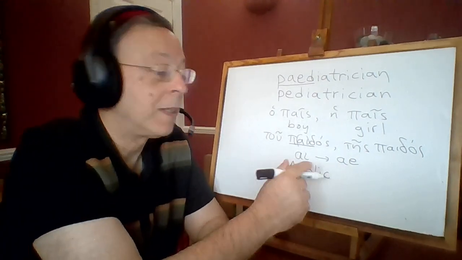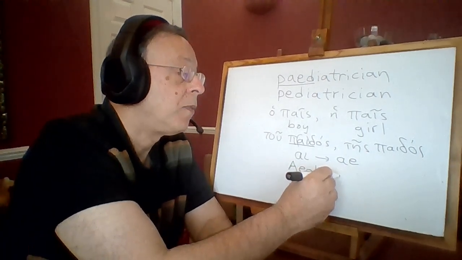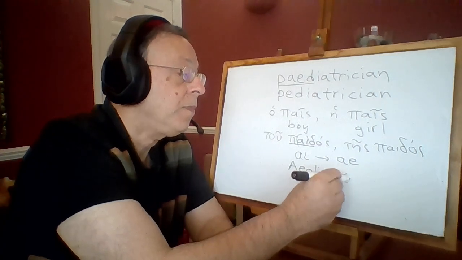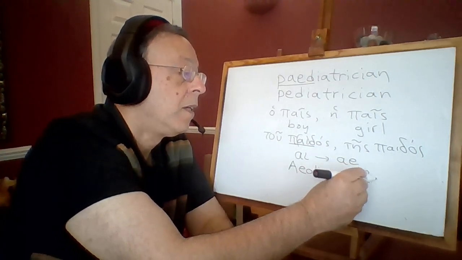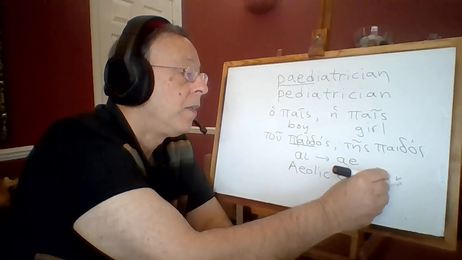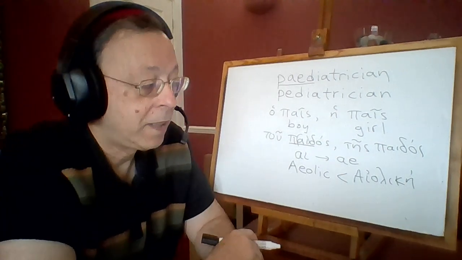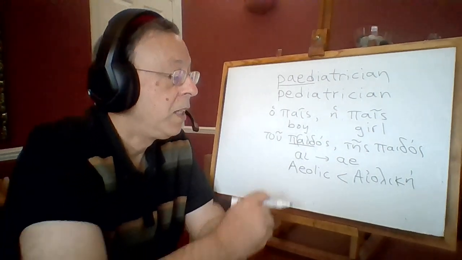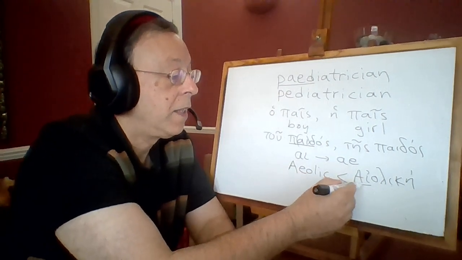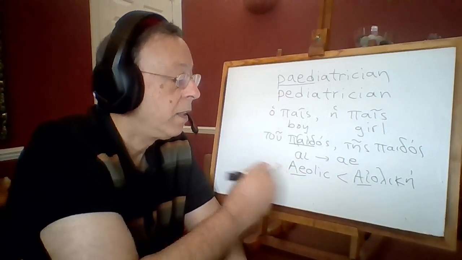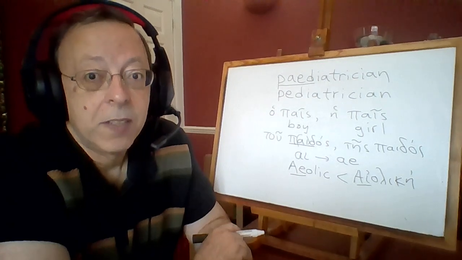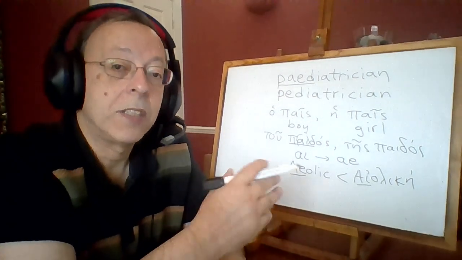It is still today spelled like that. But it comes from this Greek word. So we see that the alpha iota is transferred to the Latin language as AE.